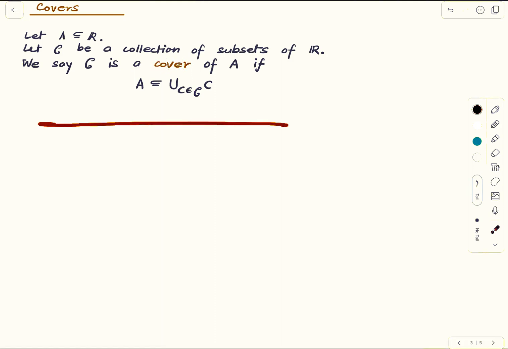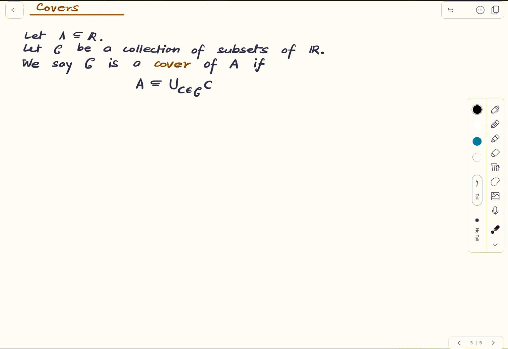If you visualize A as some subset of the reals, covering is literally covering. It is overshadowing everything that is there in A. So a collection of subsets of R is called a cover of A if everything in A is in some element of the collection.